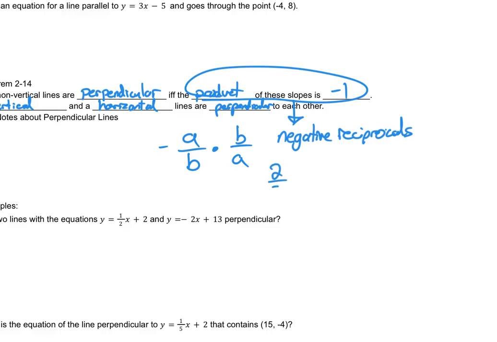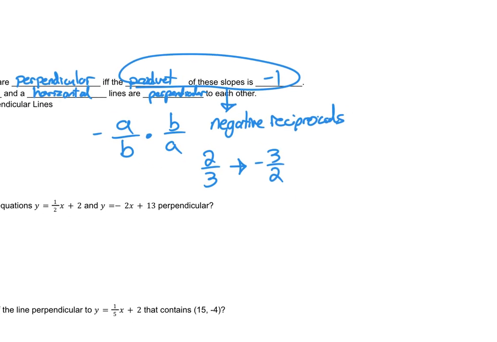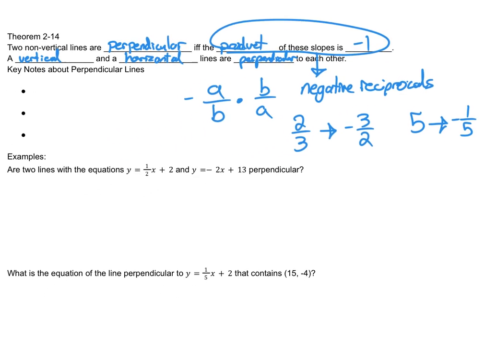So 2/3, the negative reciprocal would be -3/2. If I multiplied those together, I would get -1. If I had a slope of 5, the perpendicular slope, or the negative reciprocal, would be -1/5.